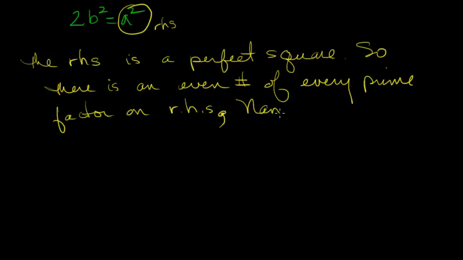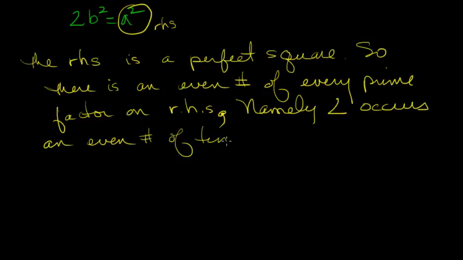Namely, 2 occurs an even number of times. Two occurs an even number of times in a squared because a squared is a perfect square.